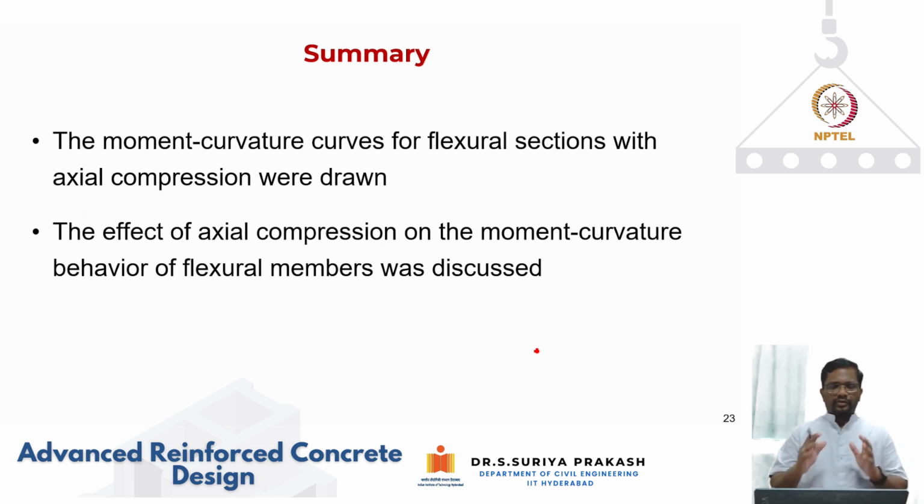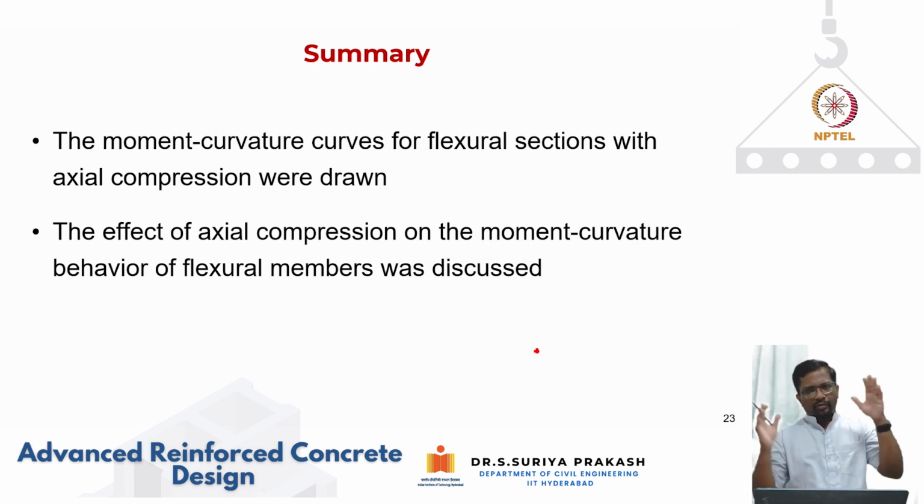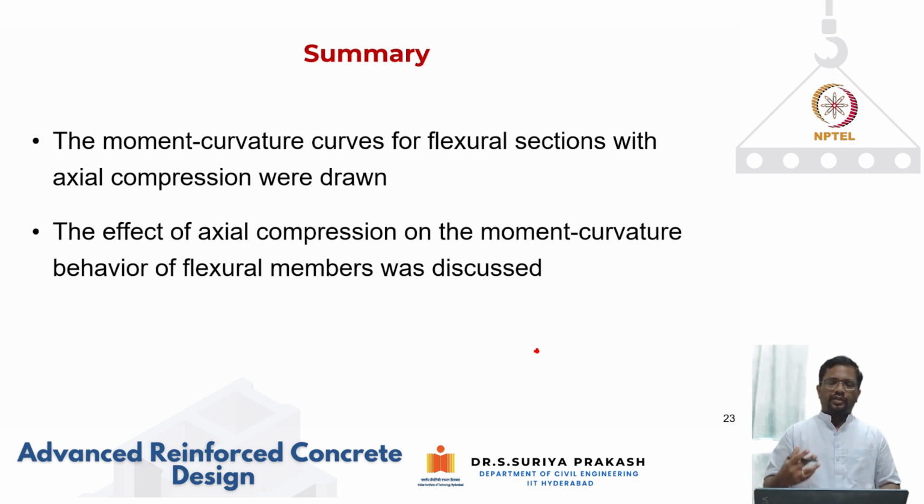If you have to summarize whatever we have discussed in this module, we have discussed how to carry out moment curvature analysis for flexural sections with axial compression, and we also discussed the effect of axial compression. If you're able to put some axial compression at a lower level, it is very beneficial in terms of increasing the moment capacity. It's similar to putting more steel on the tension side.